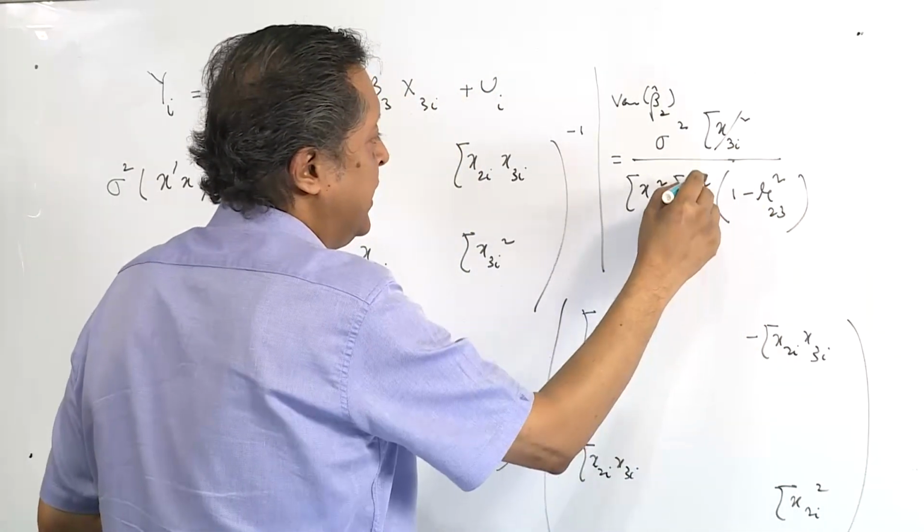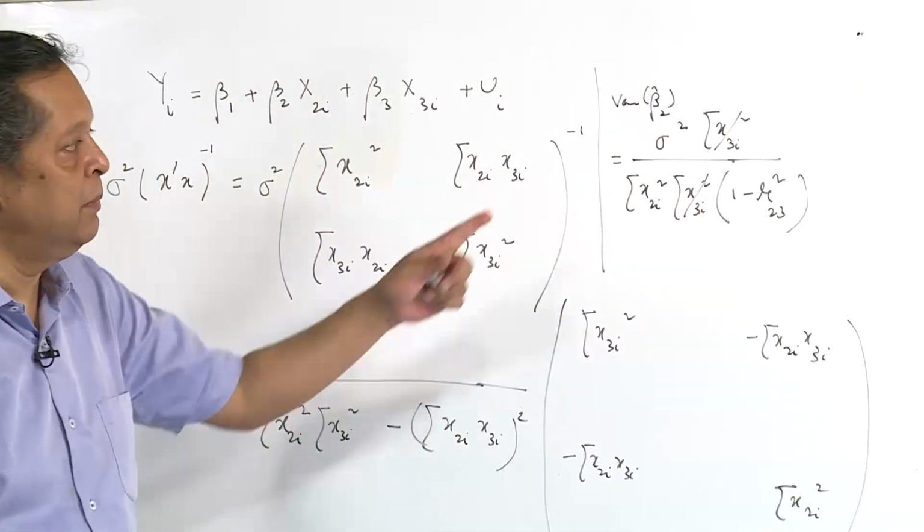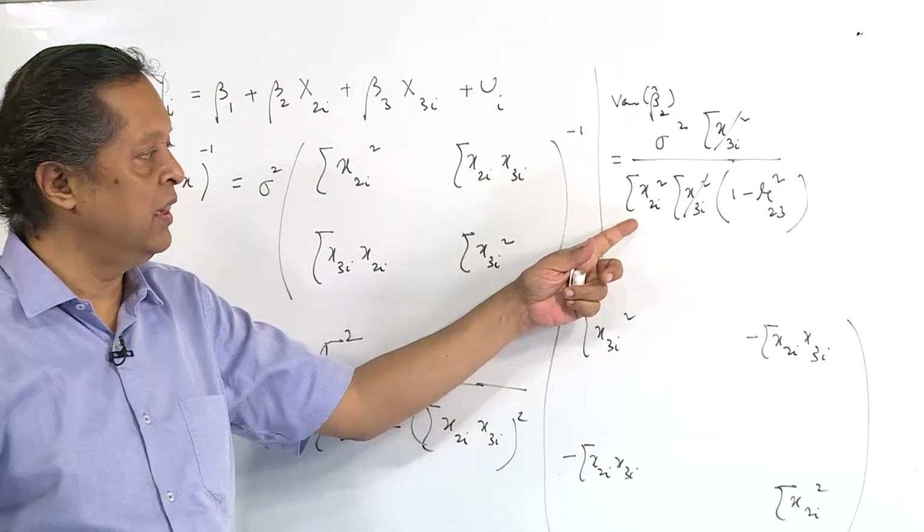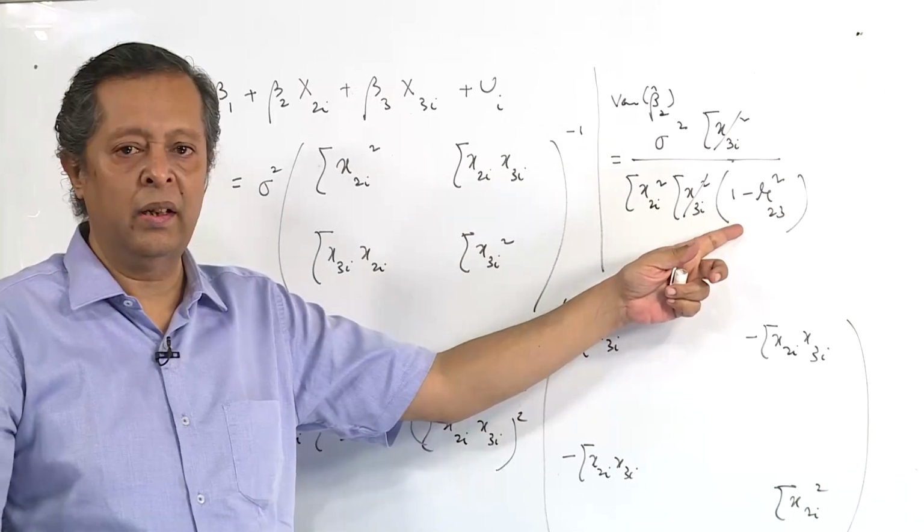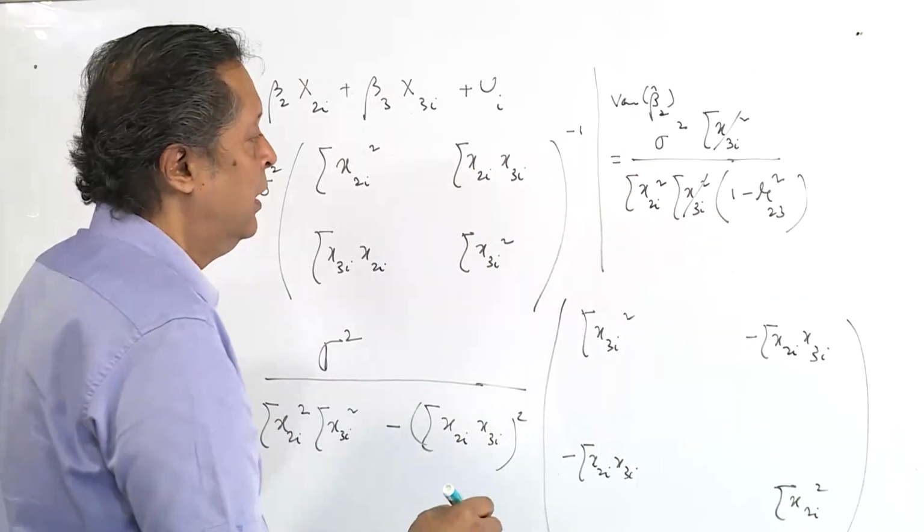So this summation x3i square and this one get cancelled and we have sigma square divided by summation x2i square into 1 minus r square 2 3.